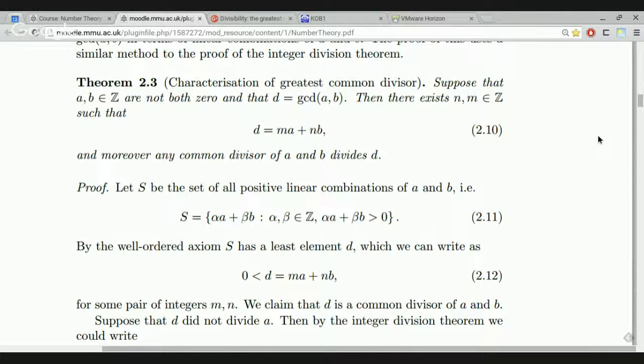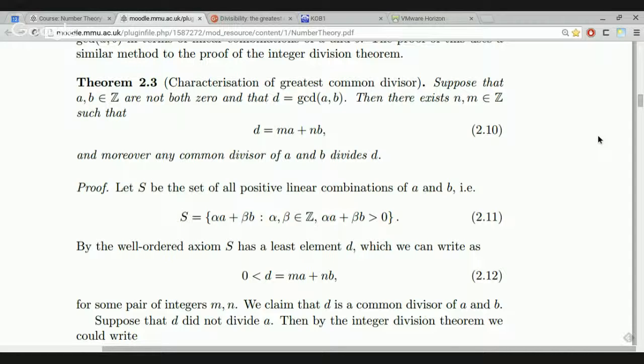What we're trying to do is show that given A and B, the greatest common divisor can be written as a linear combination. The proof is going to operate with this well-ordering principle. So what we want to do is set up a certain set of positive integers. The set we're going to use is the set of all the positive linear combinations of A and B. We're trying to prove that there's one particular special linear combination of A and B which happens to be the greatest common divisor.